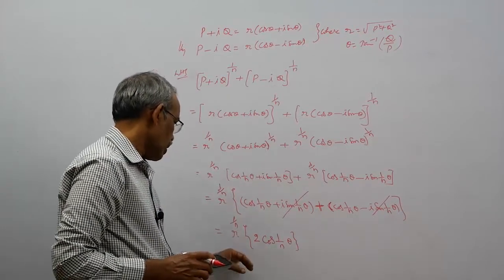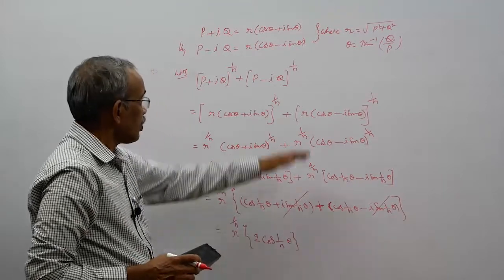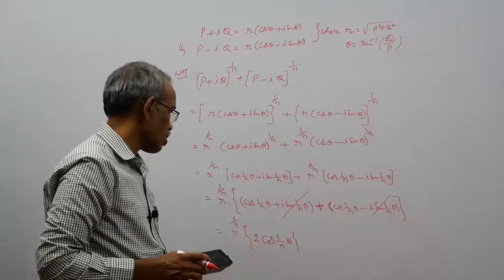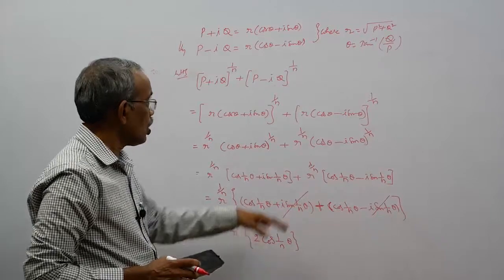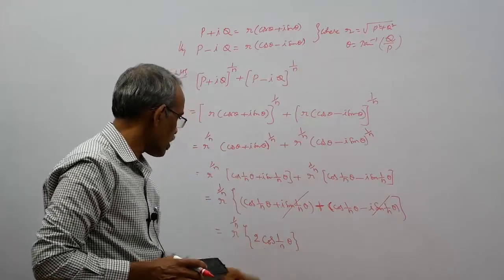Here r and theta are the known values. r is equal to root of p square plus q square and theta equal to tan inverse of q by p. So we substitute these r and theta values in this expression.